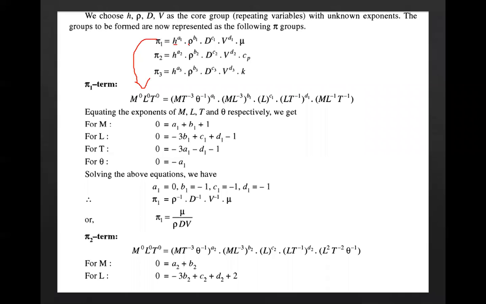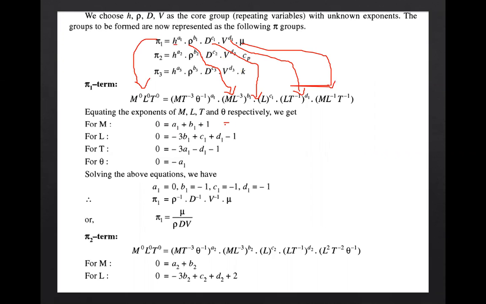Then similarly rho is put here, d is put here, V is put here, and ultimately mu is put here. When we equate their powers, we get 0 is equal to a1 plus b1 plus 1.